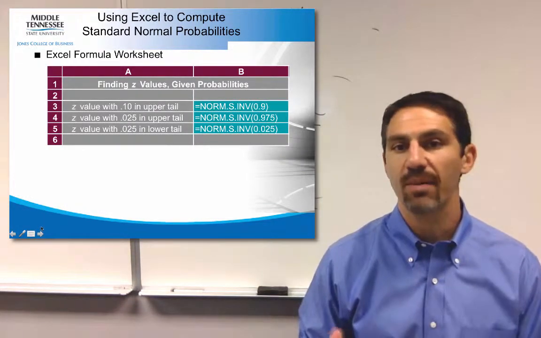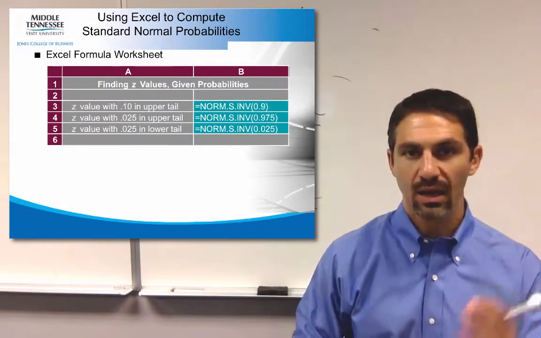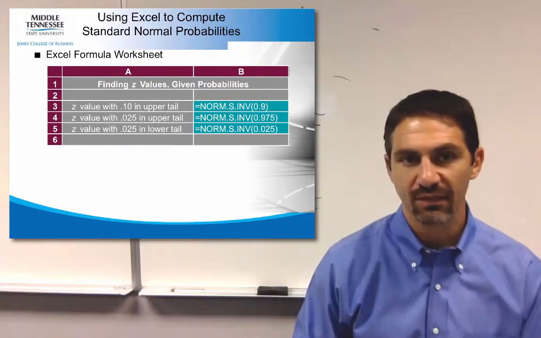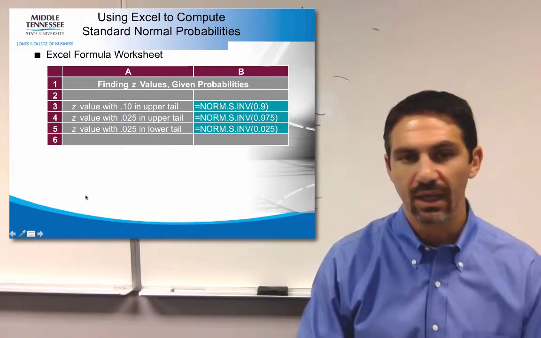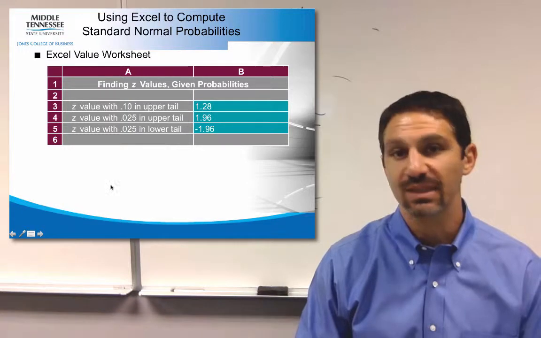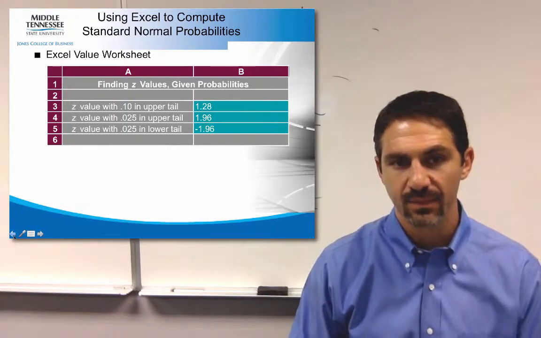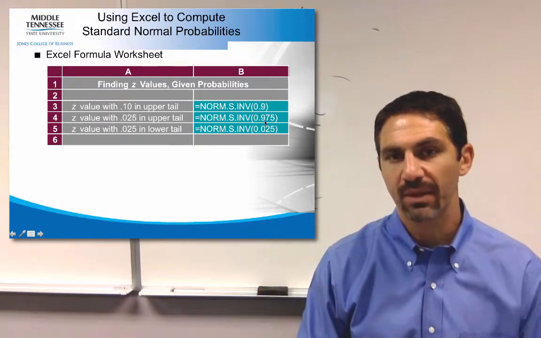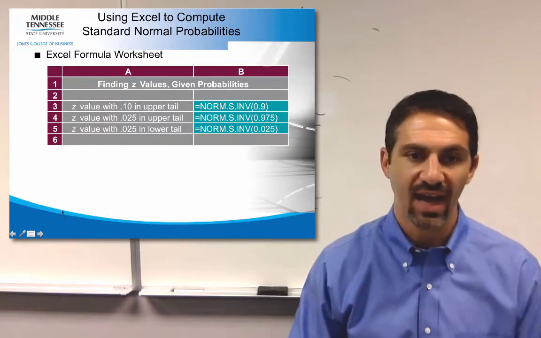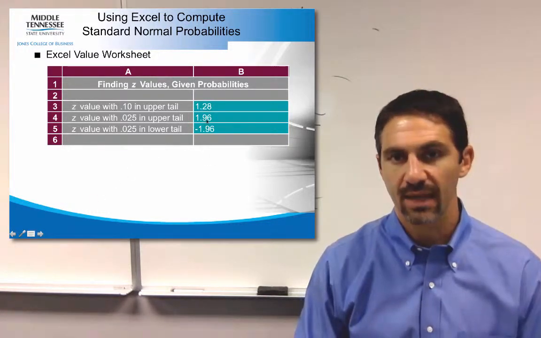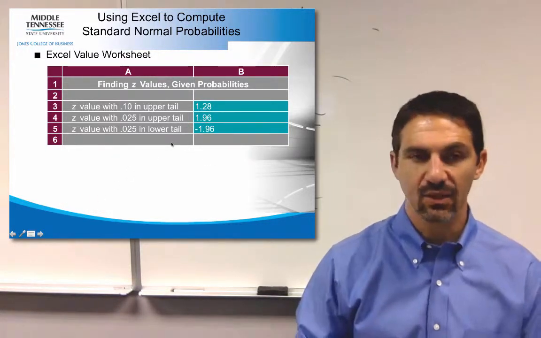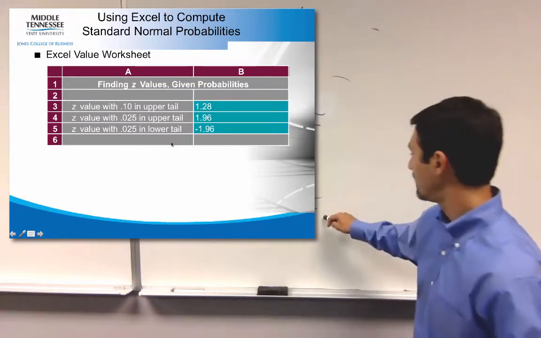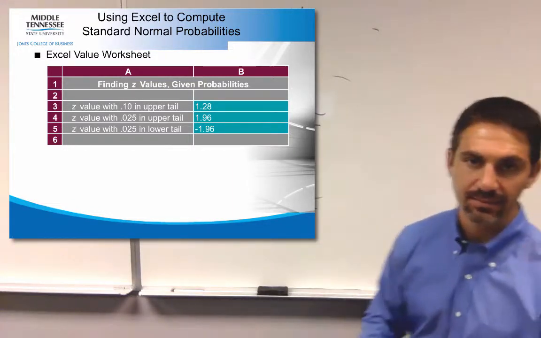You can also come up with the number of tails using the inverse. If you give a given probability, it'll come up with the actual z-score that corresponds to it. So if you put in a probability of 0.975, you'll get a 1.96 z-score, which just means that would be out here at 1.96.